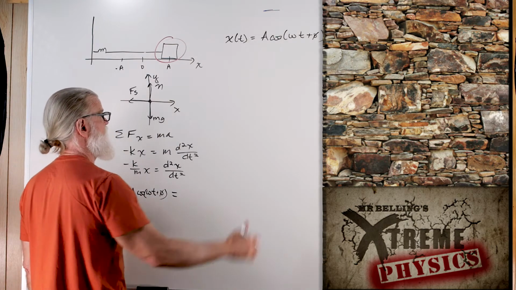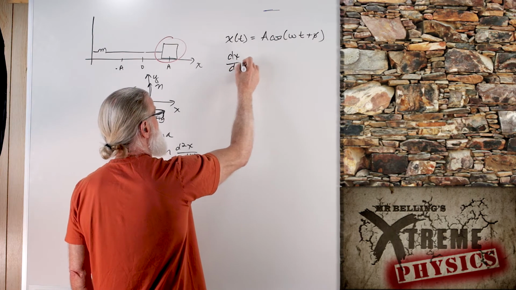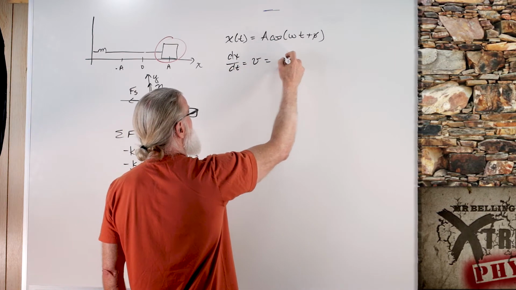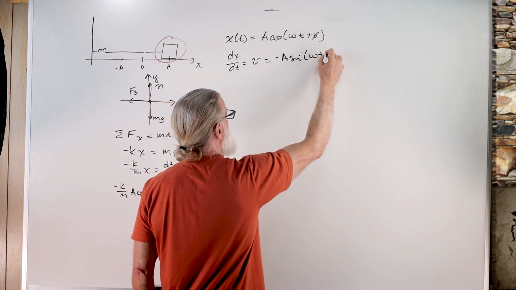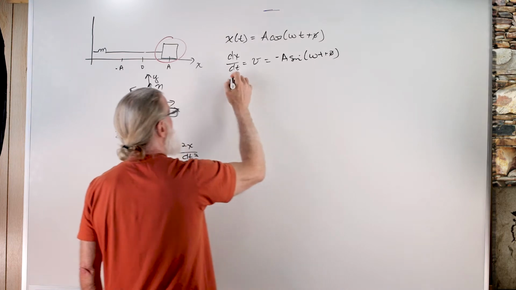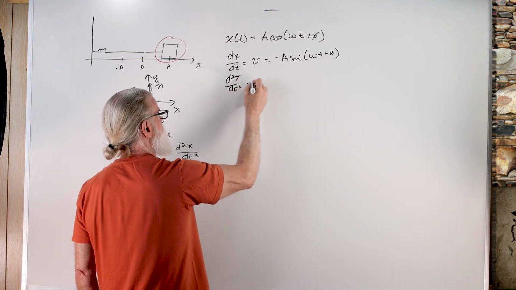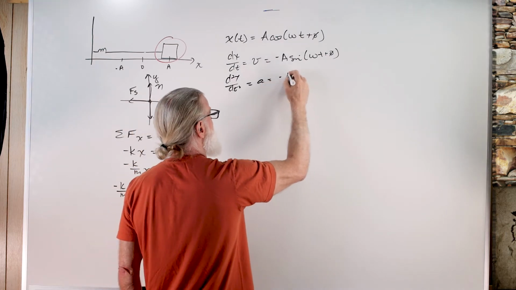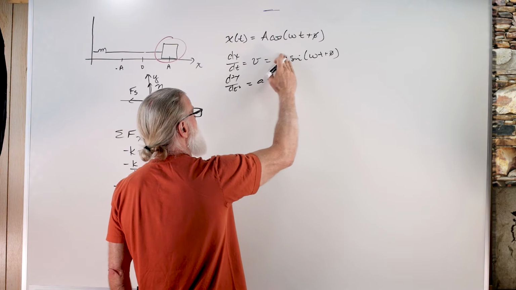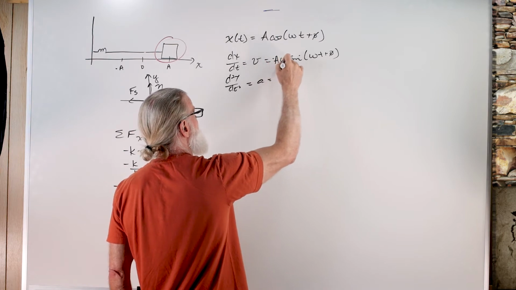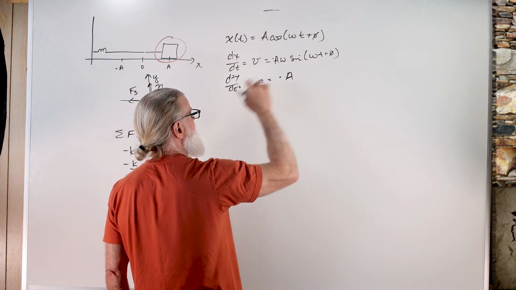The first derivative, of course, velocity, is negative A sine(omega t plus phi). And then the second derivative, d squared x dt squared, which is acceleration, is minus, oh, that's not right. Not A sine, it's A omega, minus A omega sine. I didn't use the chain rule there. I've got to have that in there.